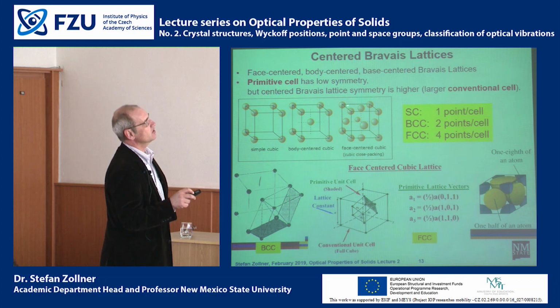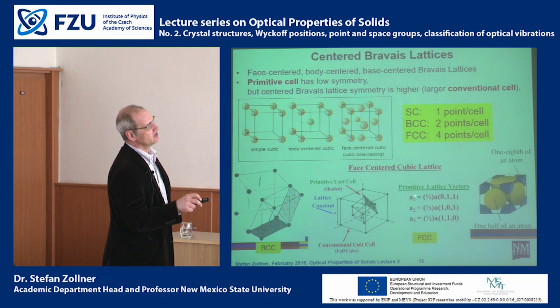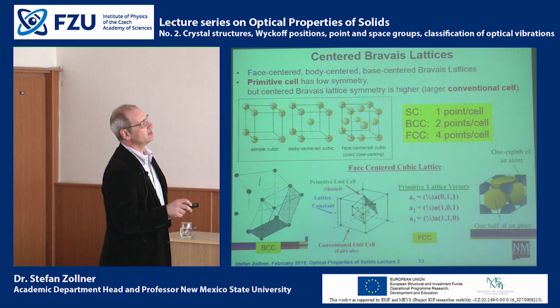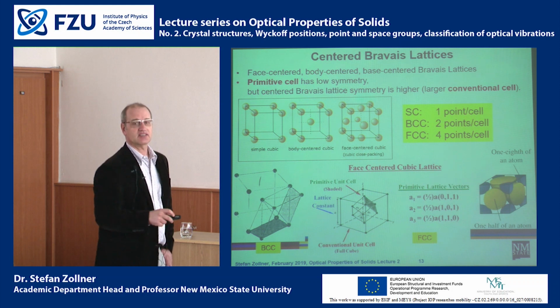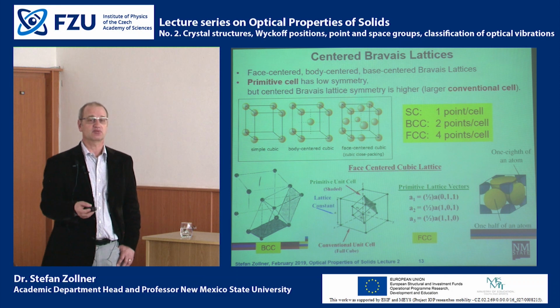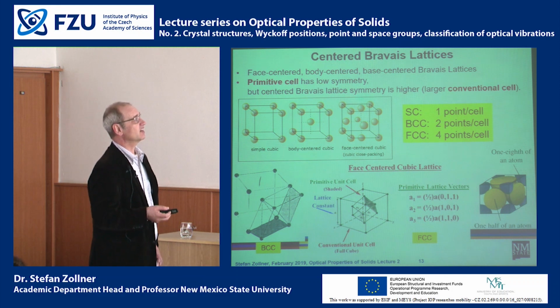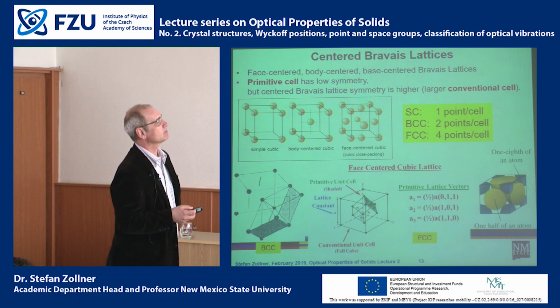The same is true if we put atoms at the faces of the cube. Then the unit cell is formed by these primitive translations. And you can see the scalar product between A1 and A2 is non-zero. So obviously the angle between A1 and A2 is not 90 degrees.